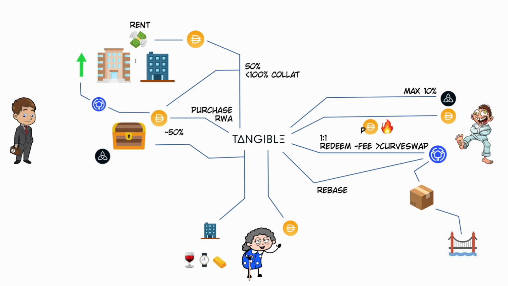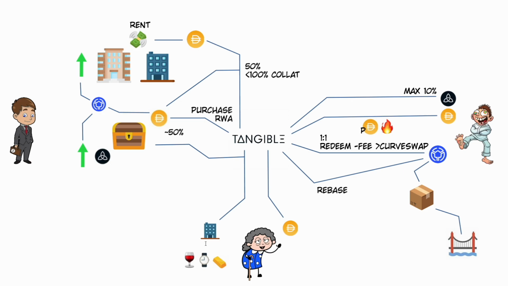And that USDR, instead of being given as rebases, is used to get more DAI to buy more real estate assets off of the marketplace, okay? Now, as well as the Tangible token. So the Tangible token inside the treasury might go up in value as well. And if it goes up in value, then it's collateralizing more USDR, and that USDR can be sold for DAI to purchase more real estate assets.